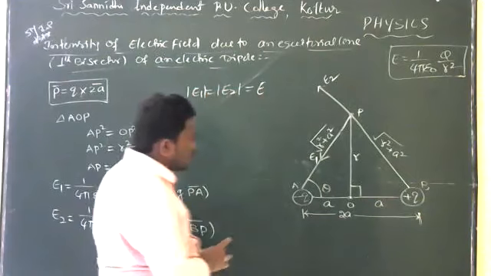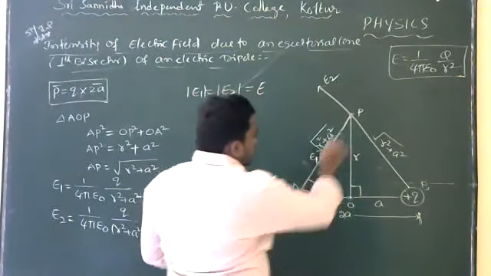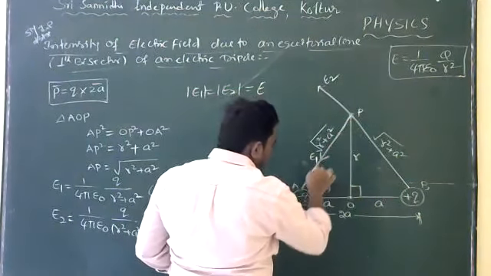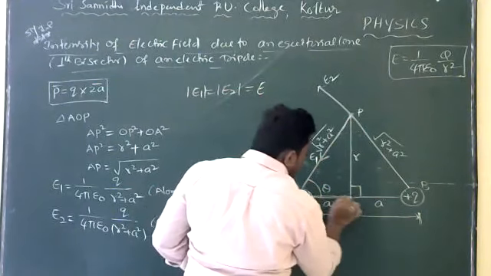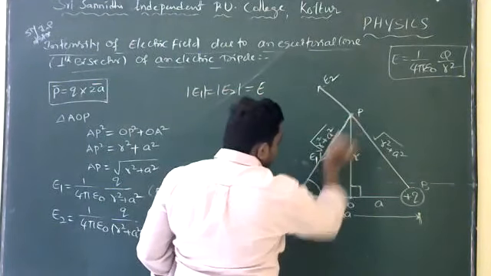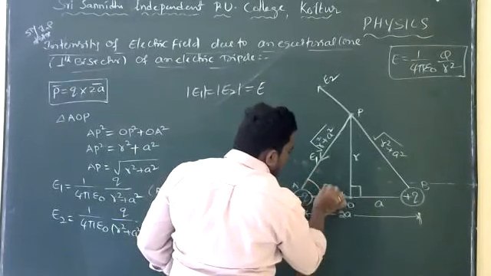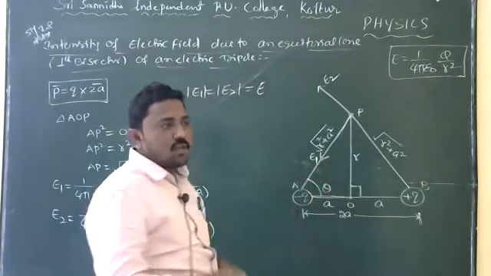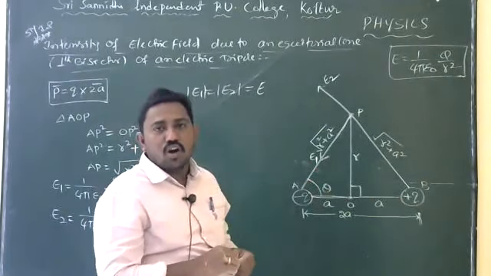Now, this is the AP axis. This is the dipole, and this axis makes an angle theta. We know that the path of a projection is a parabola; it makes an angle theta with the horizontal and can be resolved into two components, one horizontal and the other vertical. So this is E1, which makes an angle theta with the horizontal.